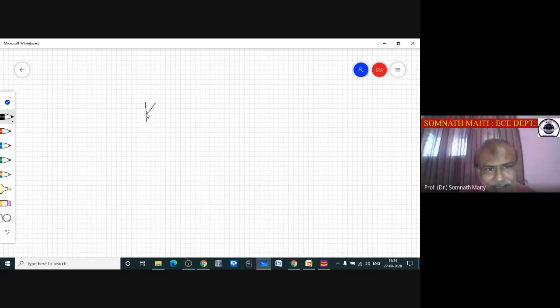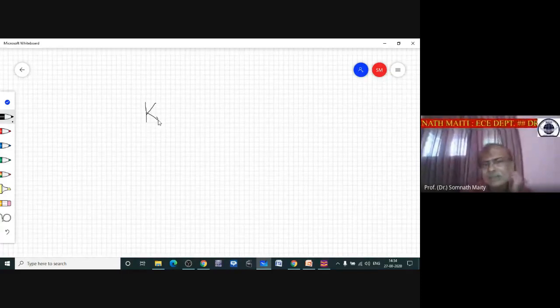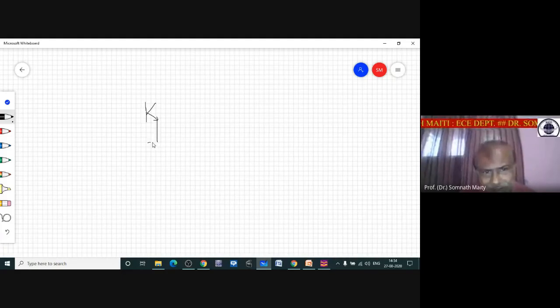This is collector, this is emitter. Common emitter should be grounded, so let us ground it. You know the symbol of ground is this one. Ground means zero potential. Now base to emitter, this is base, this is emitter and collector.